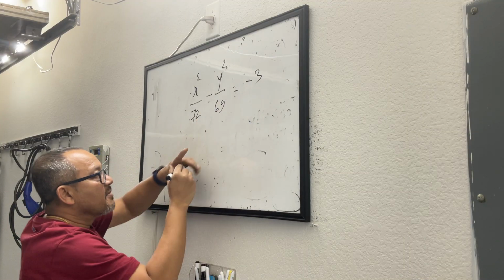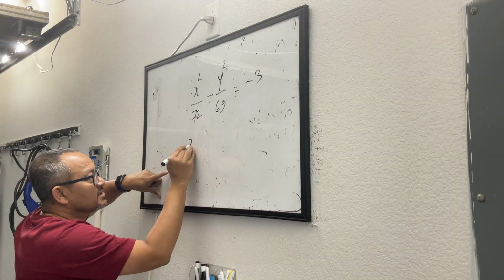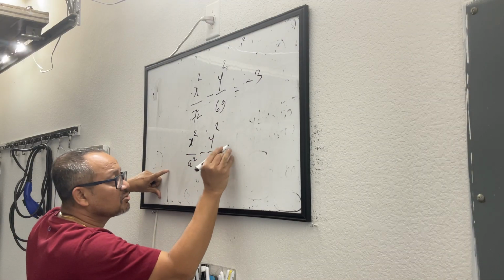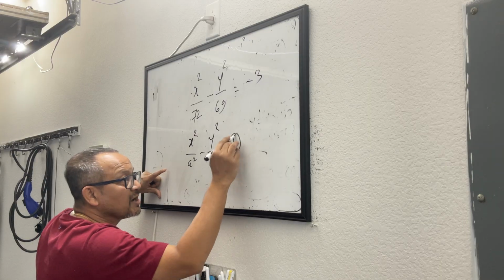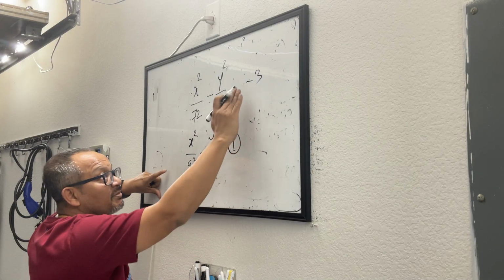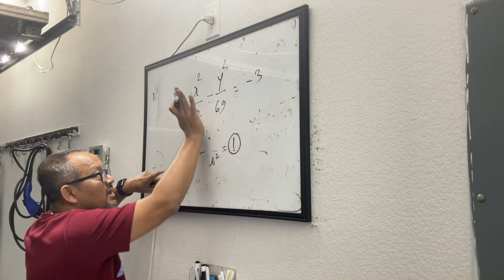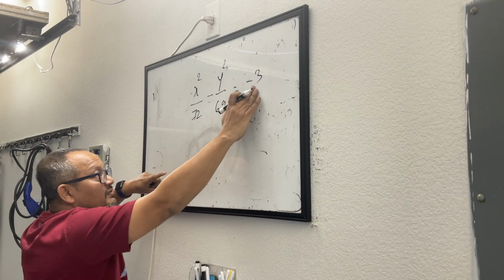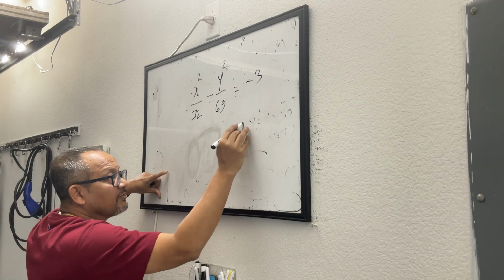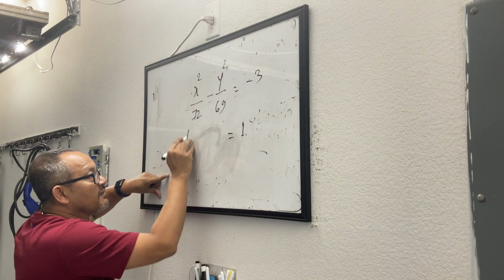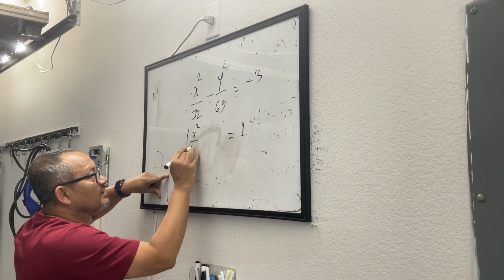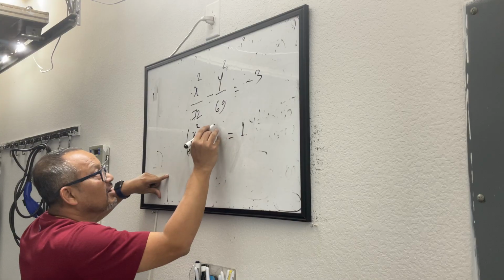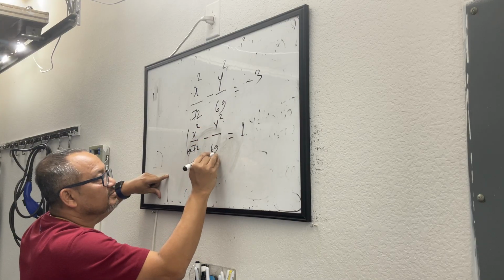So Ahana, to your point, it is vertical, because I was tricking you guys. My equation for the hyperbola is x squared by a squared minus y squared by b squared equal to 1. I have positive 1 on the other side of the equal to sign. I put a minus 3 here because I'm trying to misguide you guys by putting a negative here. Ultimately, I have to have only 1 on this side. That means I would end up dividing x squared by 72 by minus 3 and this also by minus 3.